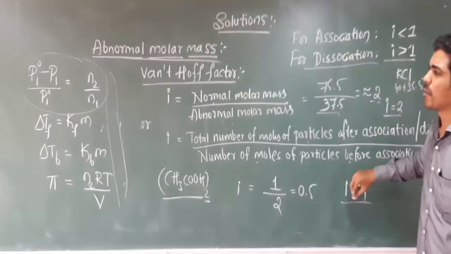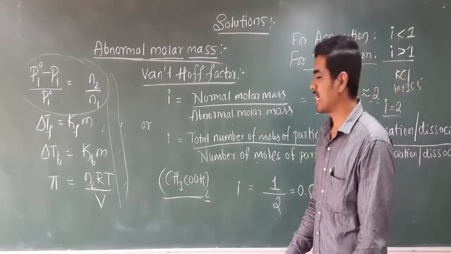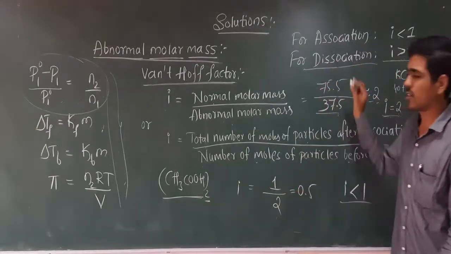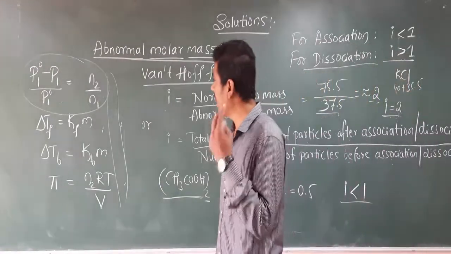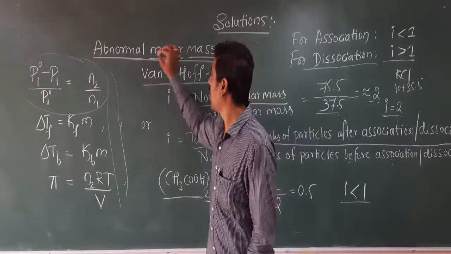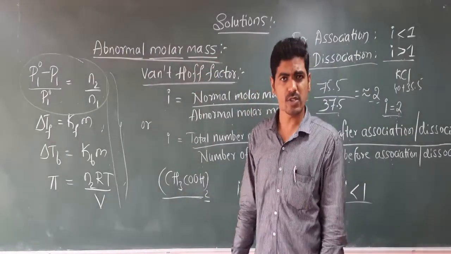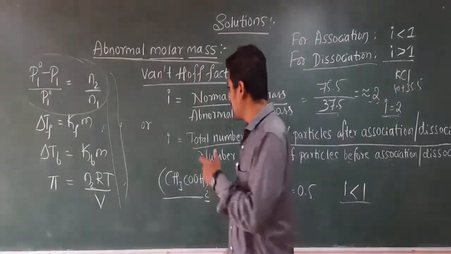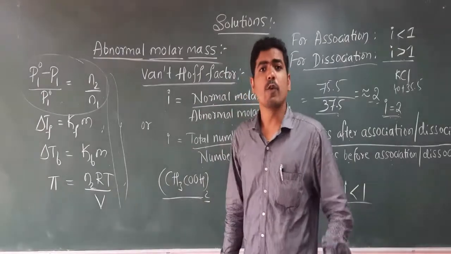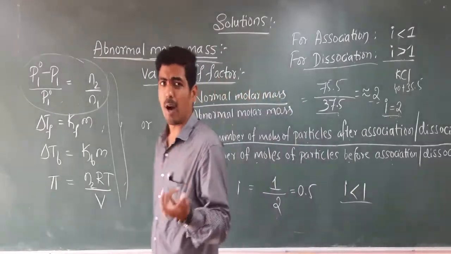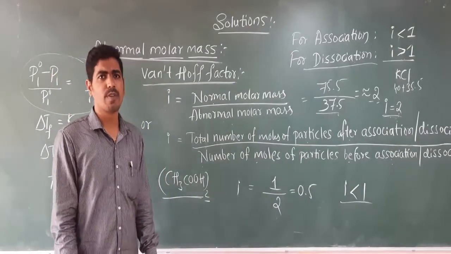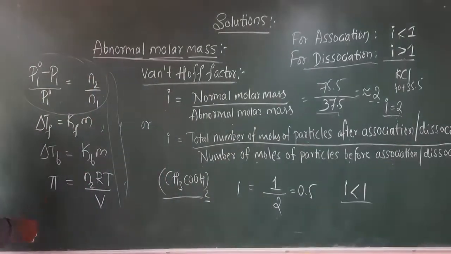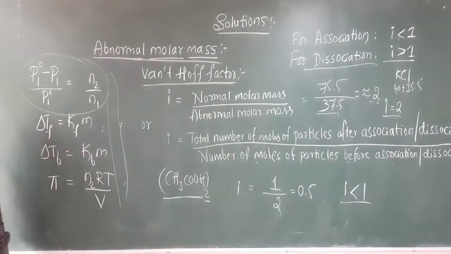So, this is how, by using the Van't Hoff factor, we are able to find the association or dissociation of a molecule, and the 2 main reasons for abnormal molar mass of the solute. Now, by using this Van't Hoff factor, we can get the approximate value as that of the expected value, and that can be obtained by modifying these equations.